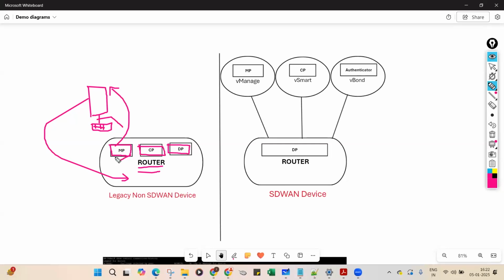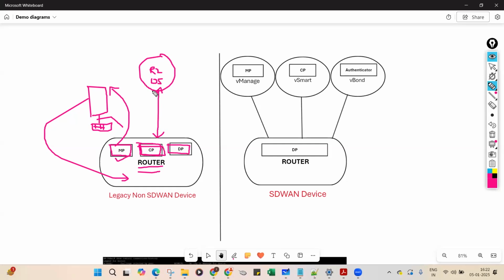As the name suggests. So if I talk about the control plane functionality, let's say I have another router over here and OSPF is running between these two routers. Now, in order to form neighbor relationship with each other, they exchange certain packets, namely hello packets.